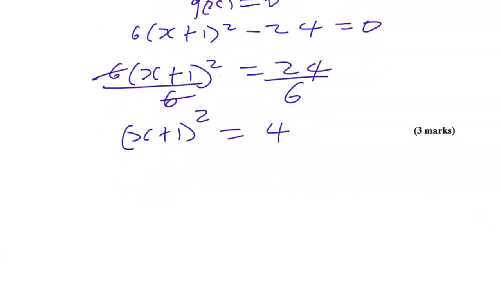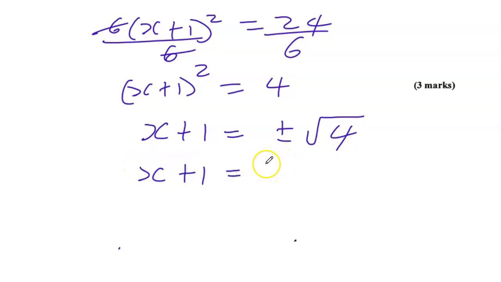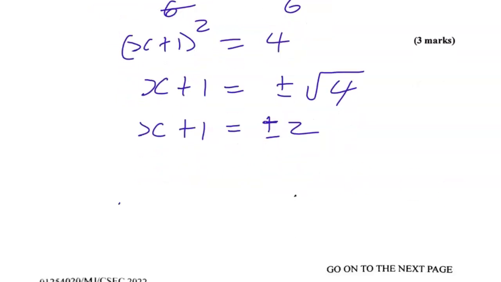We can take the square root of both sides, which means that x plus 1 is plus or minus the square root of 4, which is 2. Which means x, subtract 1 from both sides, so we end up with x equal to plus or minus 2, minus 1.